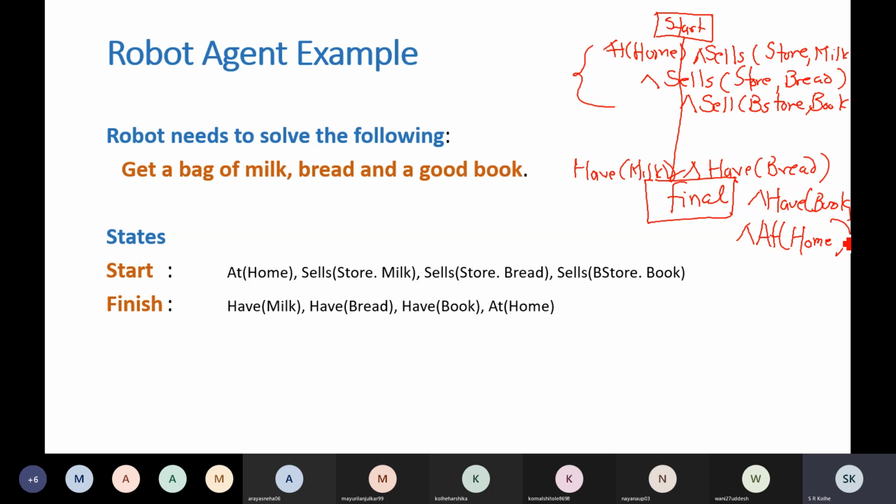This is the first step. Understood now? Initial state, start state, final state. Start state has effect, which is given, so it will start with this. Finish state has precondition, which is the goal that will be true. So you will have to convert the initial state into the final state. Now understood?